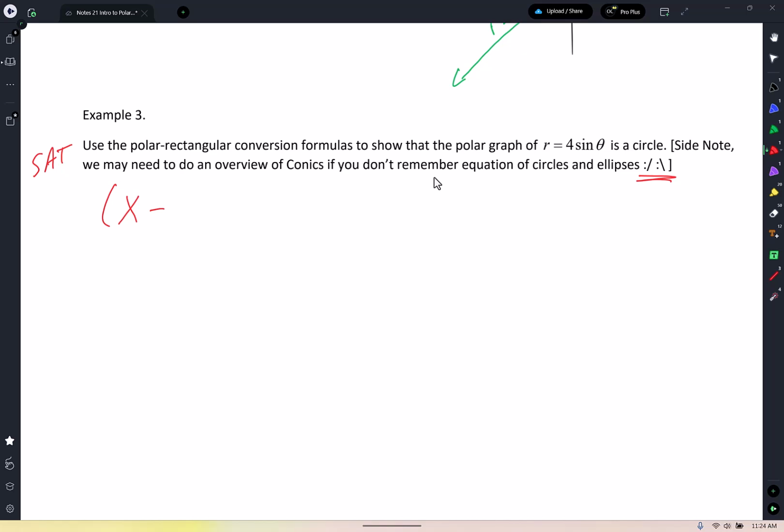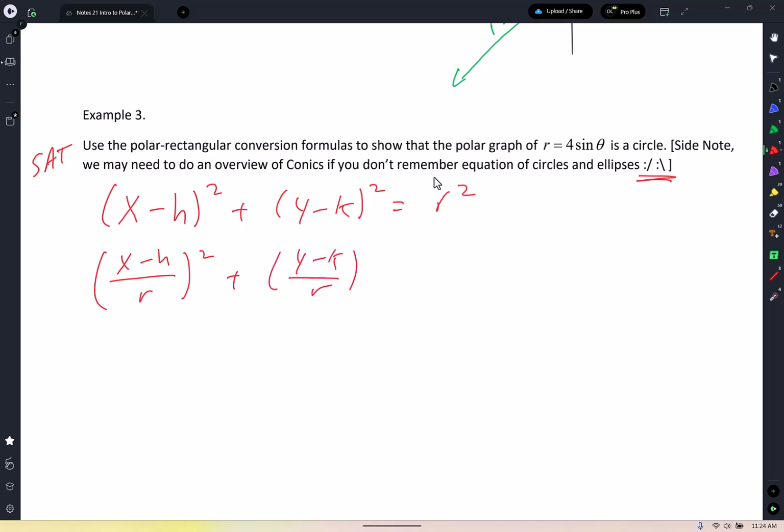That's not how you graph a circle. (x minus h) squared plus (y minus k) squared equals r squared. Does that look familiar to you? Maybe it looks like this: ((x minus h) over r) squared plus ((y minus k) over r) squared equals 1. They're both the same.